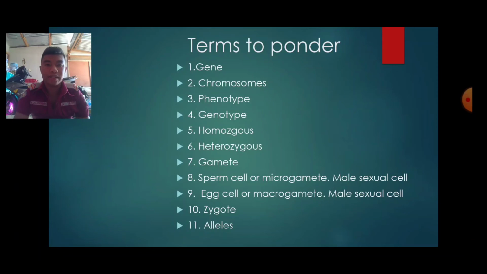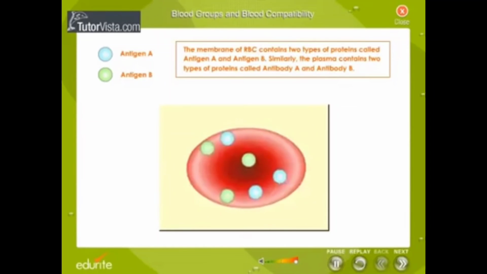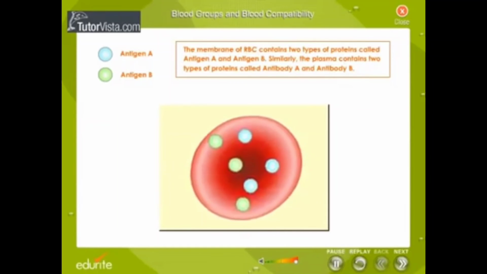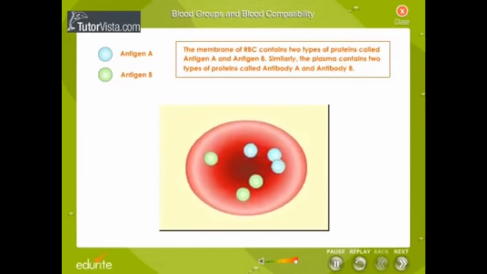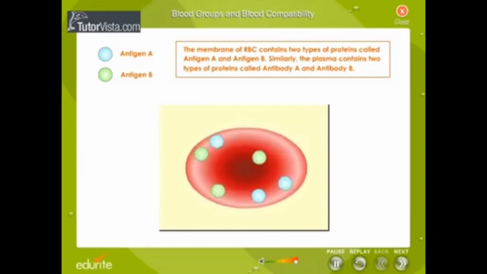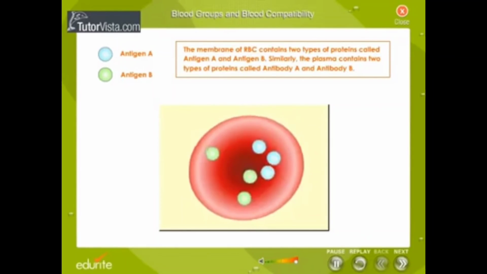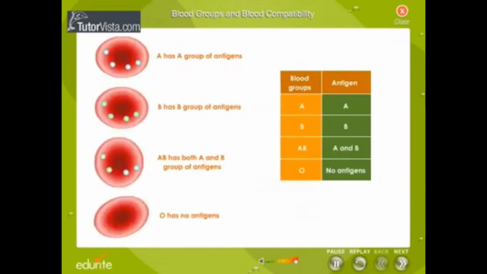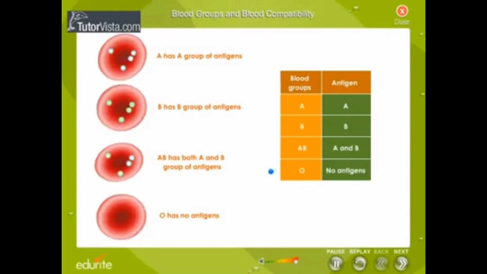Human blood has two major components, namely blood cells and blood plasma. The membrane of the RBC has two types of proteins called antigen A and antigen B. The plasma contains two types of proteins called antibody A and antibody B. The four types of blood groups are A, B, AB, and O blood groups.